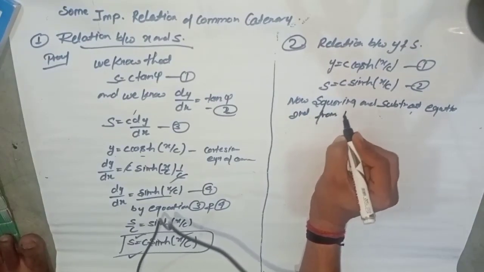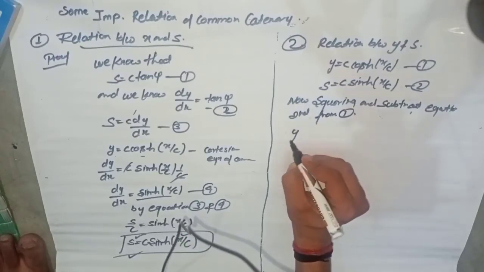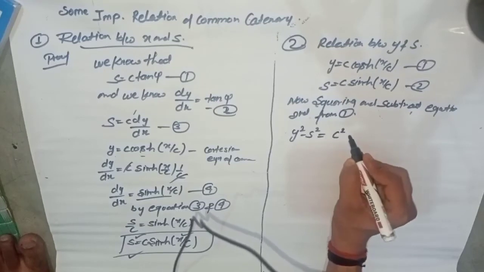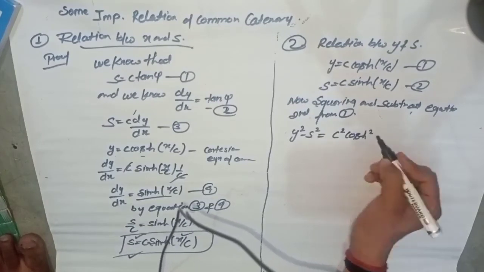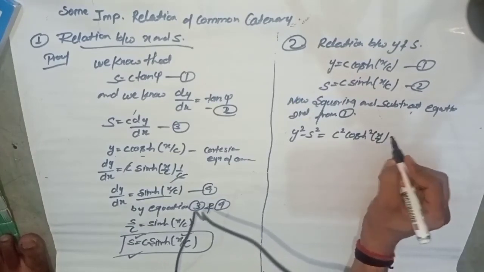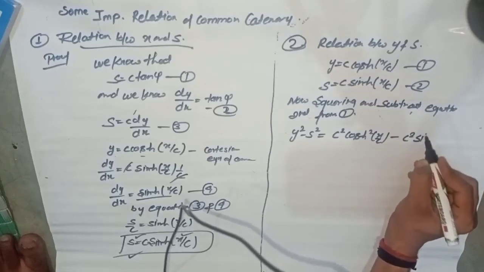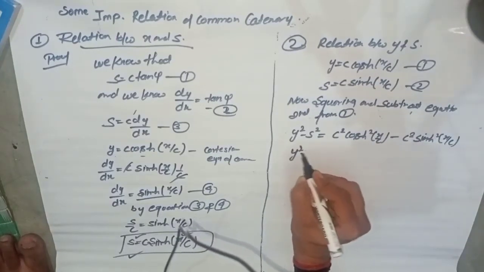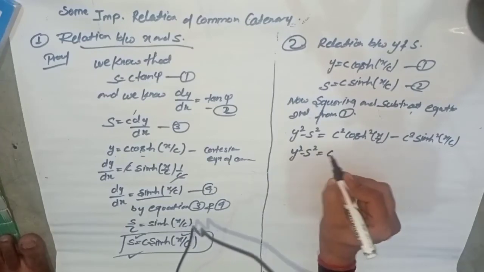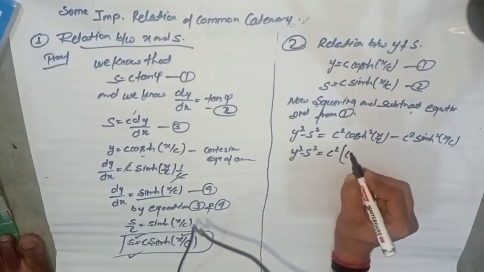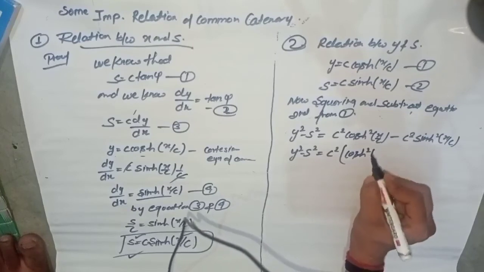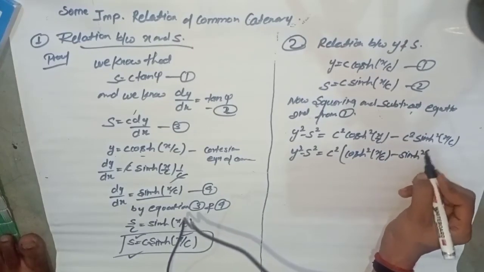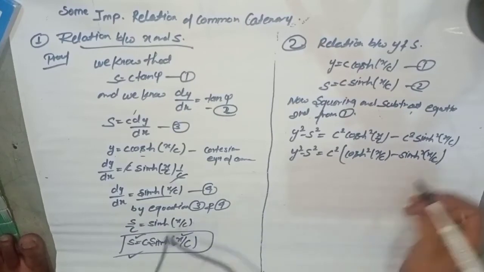Okay, now we get y squared minus s squared equal to c squared cosh squared(x/c) minus c squared sinh squared(x/c). We get y squared minus s squared equal to c squared times (cosh squared(x/c) minus sinh squared(x/c)).